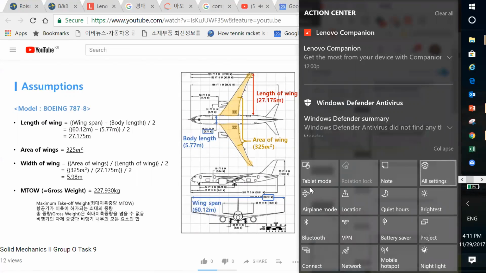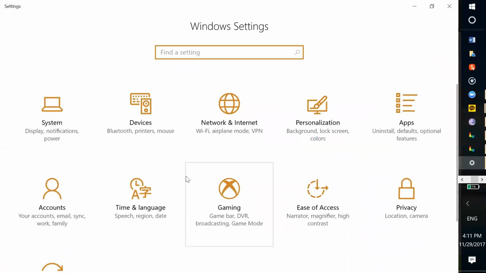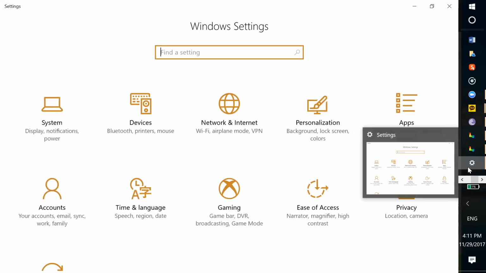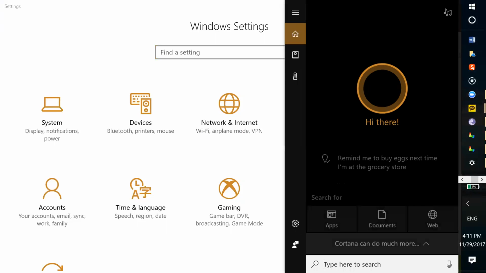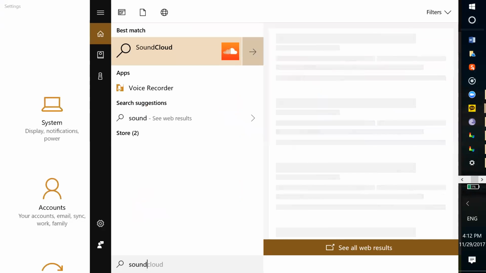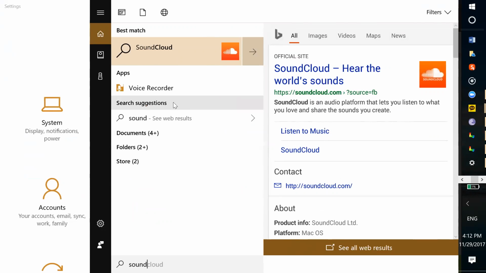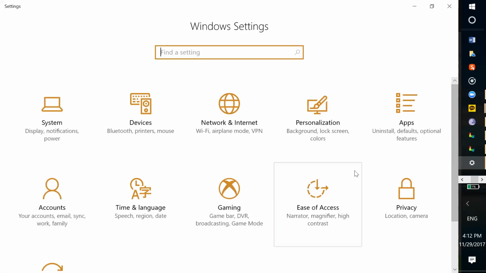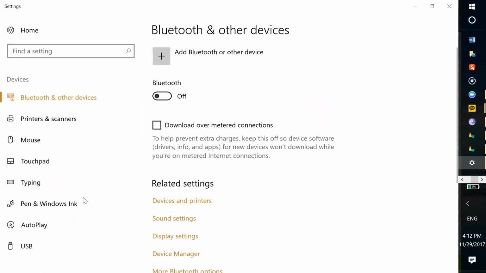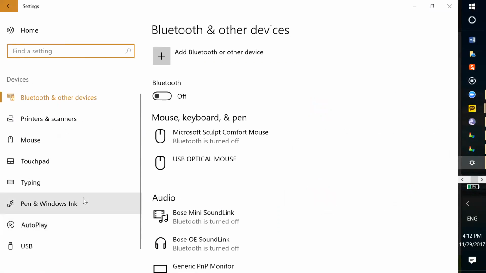Settings. 사운드 바꾸는 거 어떻게 해요? 아는 사람, 사운드. 그러니까 지금 소리 나는 거를 HDMI로 안 나가고 내 컴퓨터로 나가게 하고 싶어요. 간단한 게 있었는데.